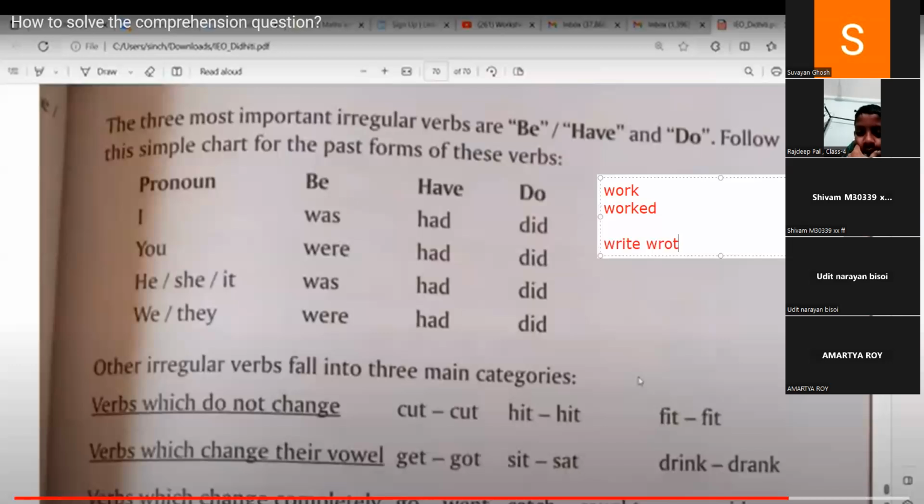But irregular verb means where we don't add ed or d to make it past tense. The whole word changes. Like write will become wrote.